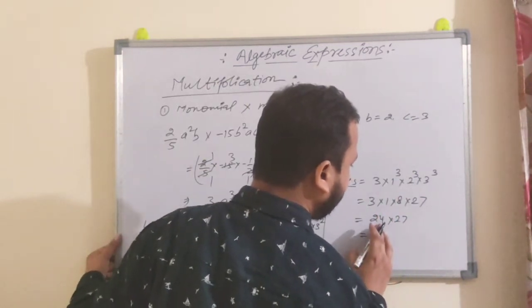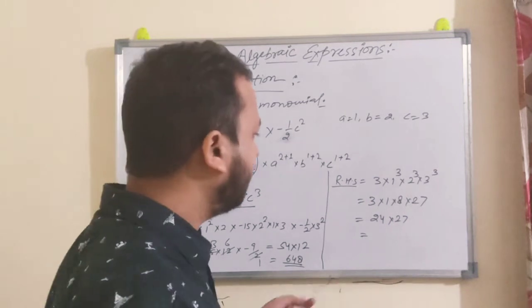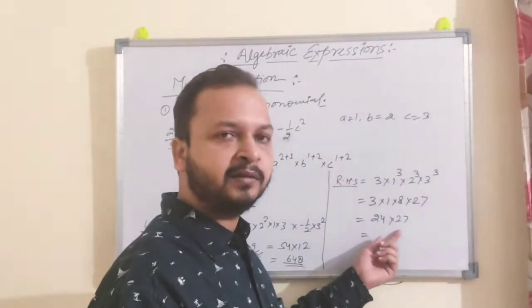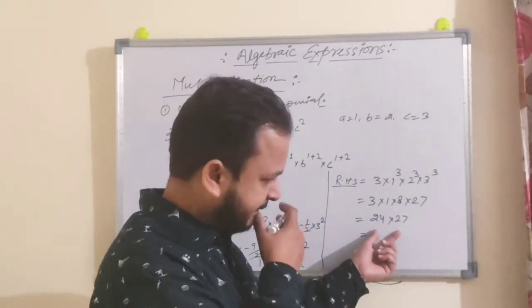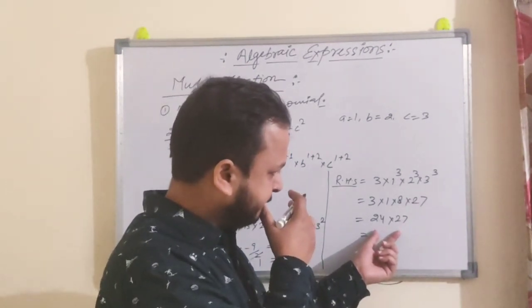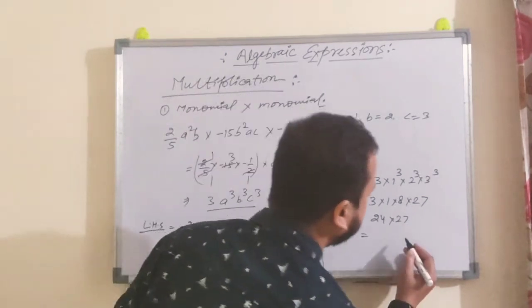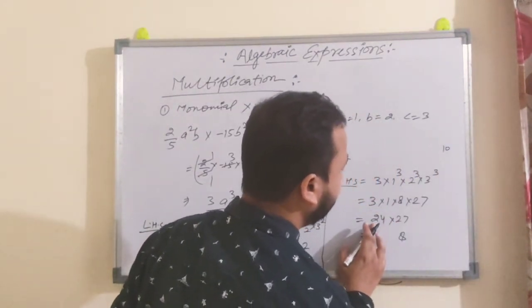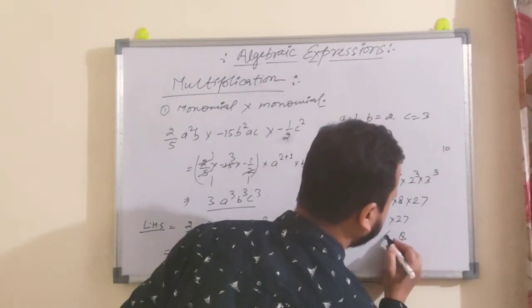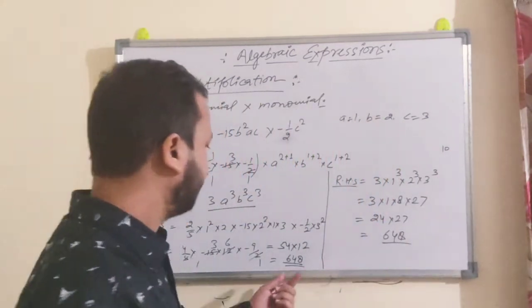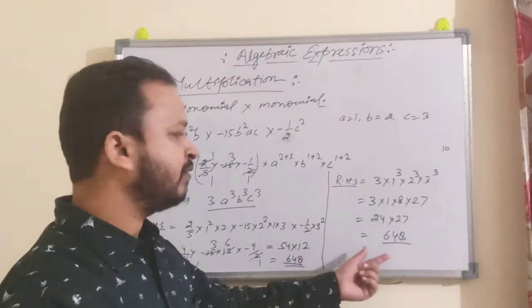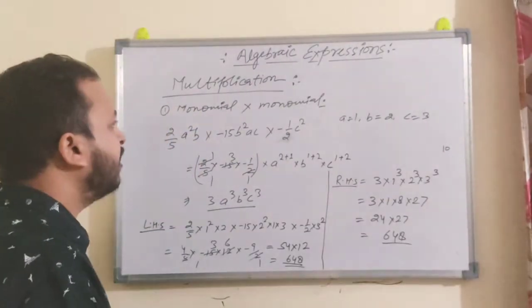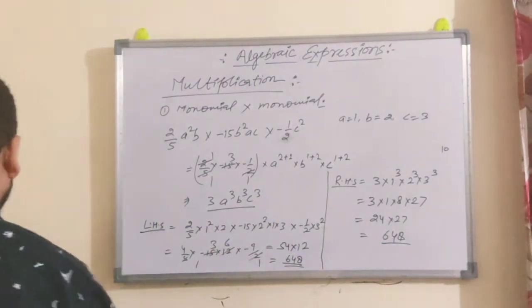So 27 4 ja 108. 3 4 ja 12, yes, 108. Carry 10. 27 2 is 54 plus 10, 64, right? So here you can see that LHS is equal to RHS. So it means we have verified the values. So this way you have to solve the questions.